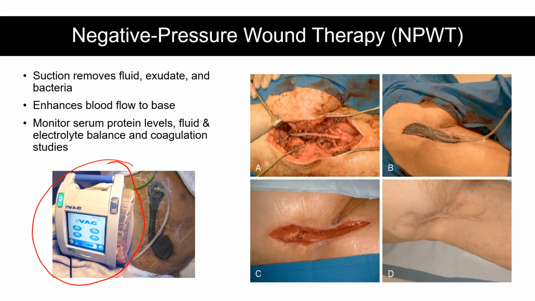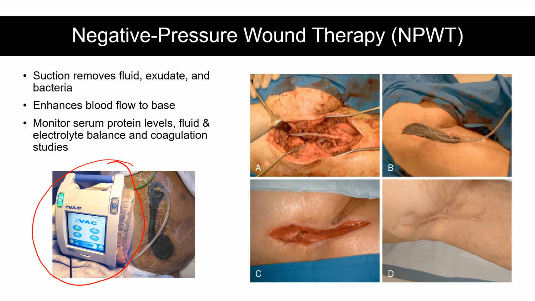So number one, this wound has to be infection-free before starting a wound vac, okay? And because it has suction, we're going to have to monitor lab values. So we want to make sure protein levels are okay, because remember that fluid, that exudate, has a lot of protein, a lot of albumin in it. So we want to monitor those levels.